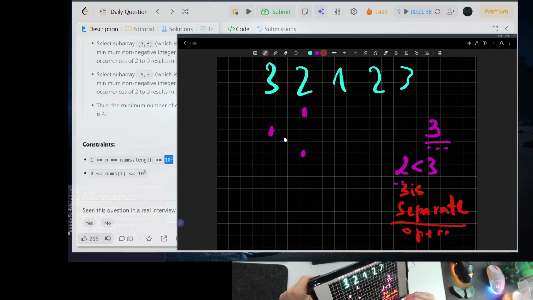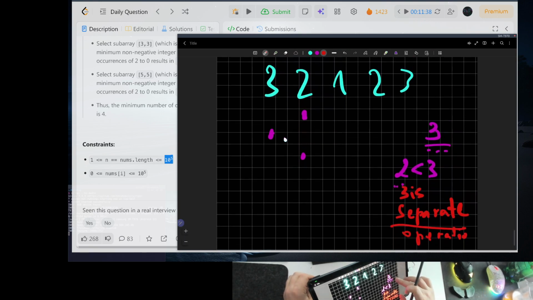So for the number 3, if we visit the number 2, we have to pull the number 3 from our memory and increase the number of operations. Next, we visit the number 1, and the situation repeats. It's less than 2, so we pull the number 2 from our little memory and increase the number of operations.